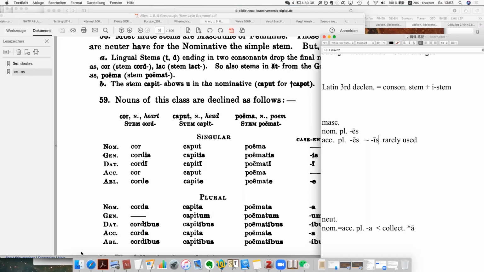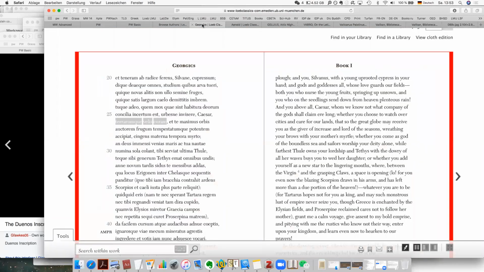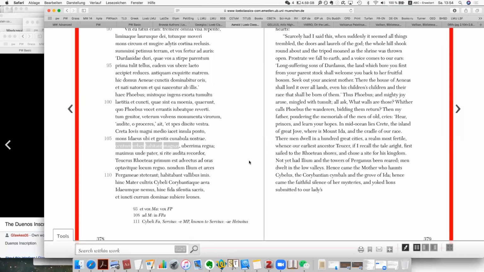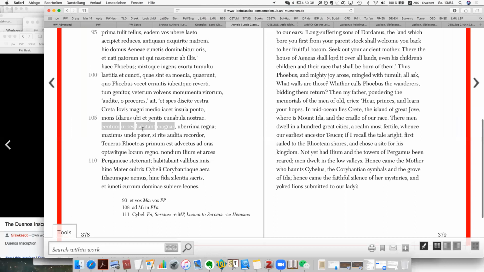Okay, so let's move on to the reading. Let's check it in the real text. First, I found a pretty simple sentence.